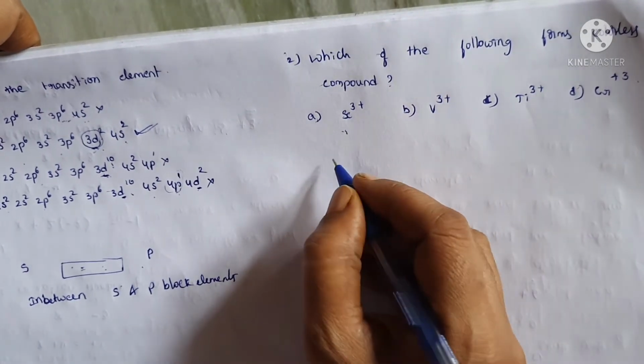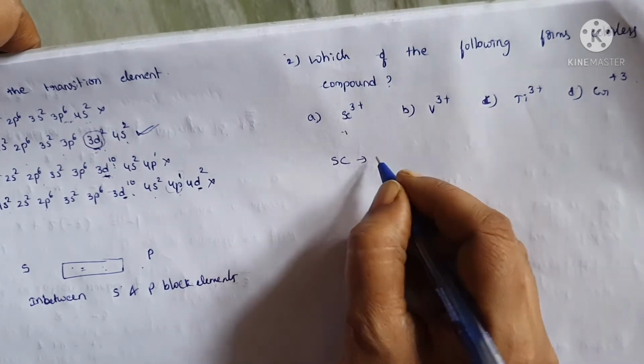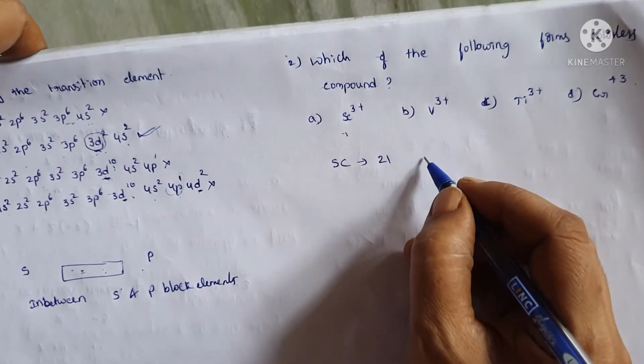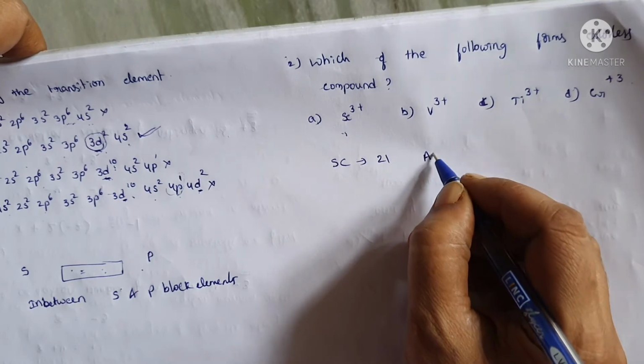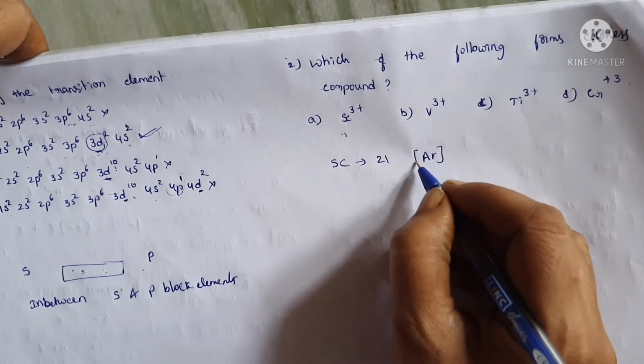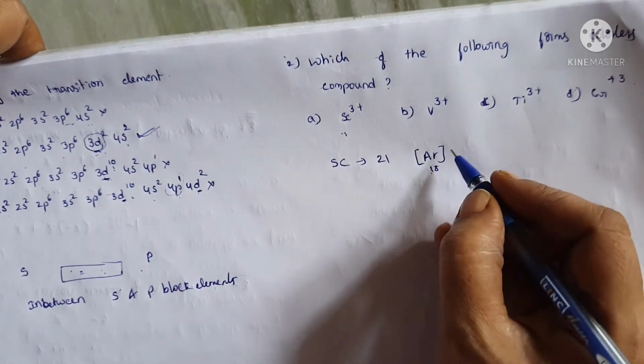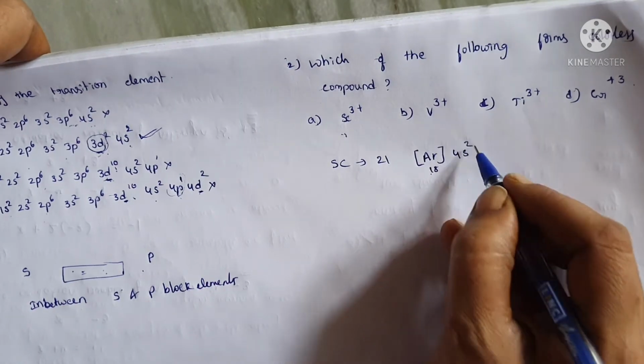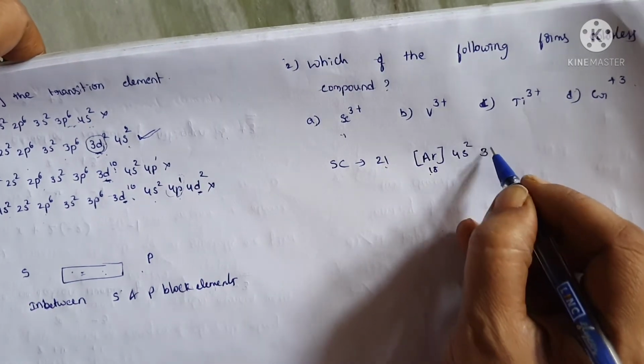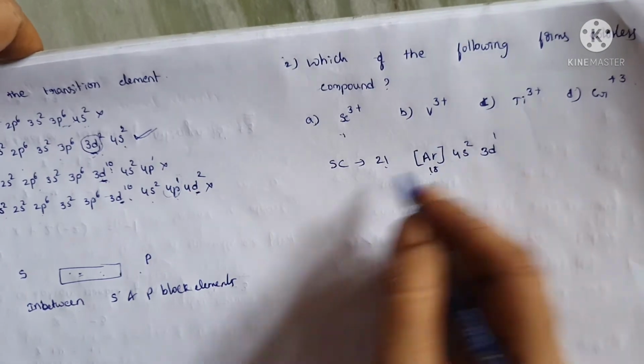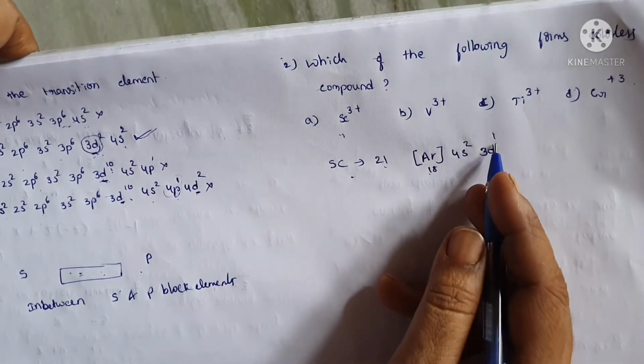For scandium, atomic number is 21. So electronic configuration is argon, we will write simply argon, argon is 18, plus 4s2 here and 3d1. This is the scandium's electronic configuration.